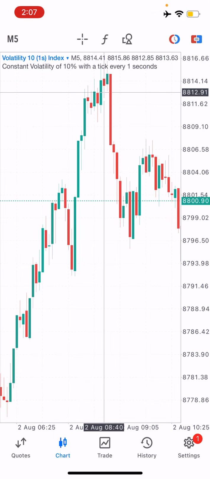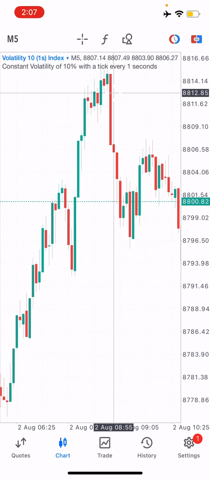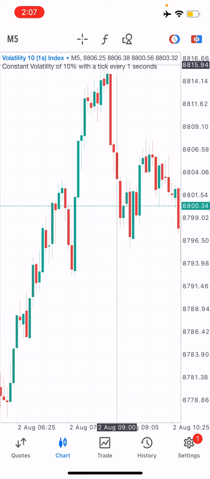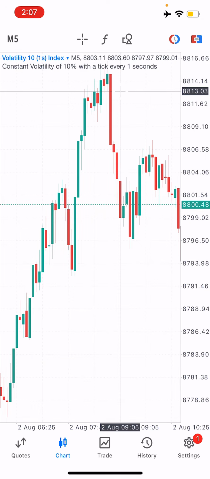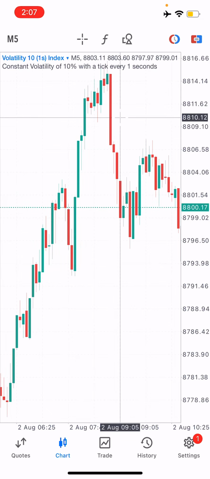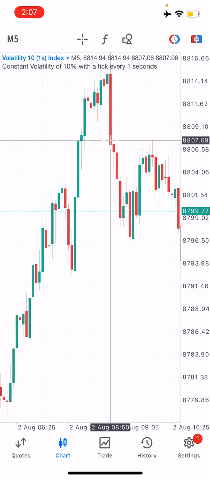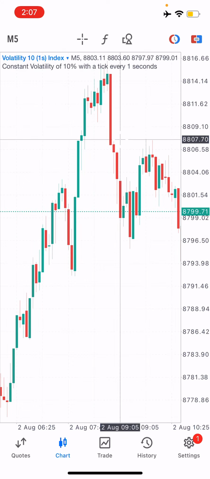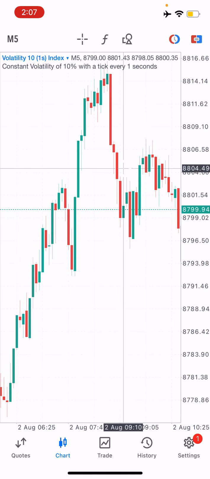What do I mean? So this is the first candle, and this is where the candle opened here but came all the way down here, and then it came all the way up here but closed here. So this is the wick. This is the lowest part of this bullish candle. And then if you look at the third candle right here, you will get to notice that the candle opened here, closed down here, but it came all the way down here.